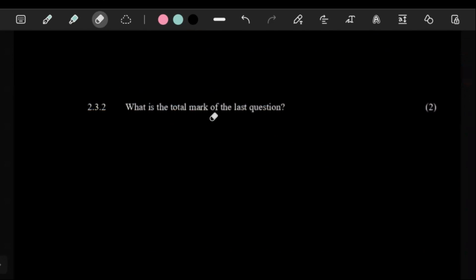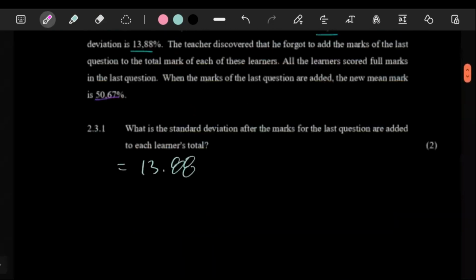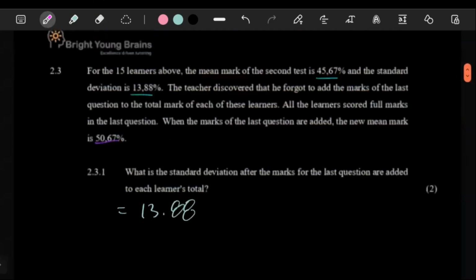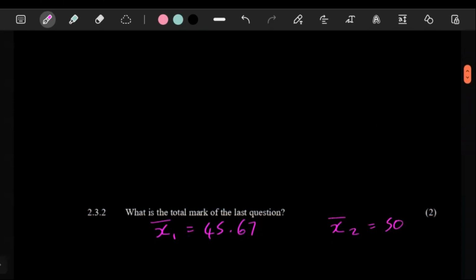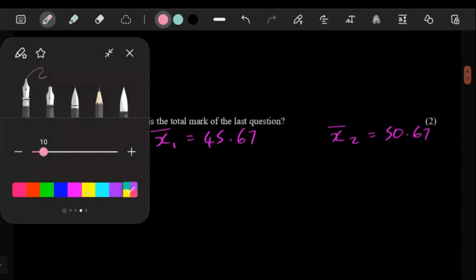2.3.2 says, what is the total mark of the last question? Well, you're going to need to compare the averages. Average number 1 is 45.67. Average number 2 is 50.67. You want to compare the difference between the means first.